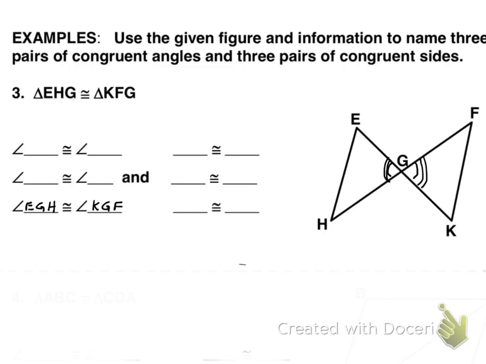Now, we also need to try to figure out which of these others are congruent. And the corresponding angles in this, if you tried to flip this over directly, you would notice that you really needed to.